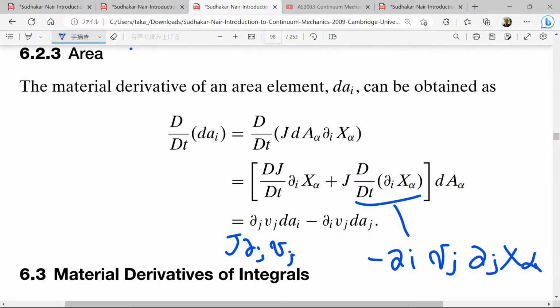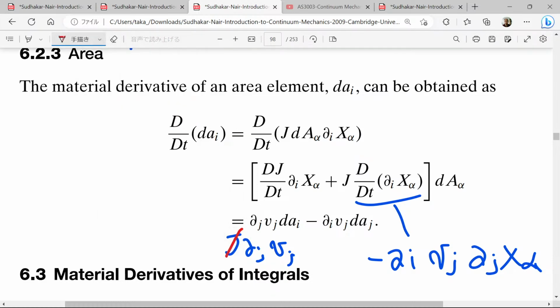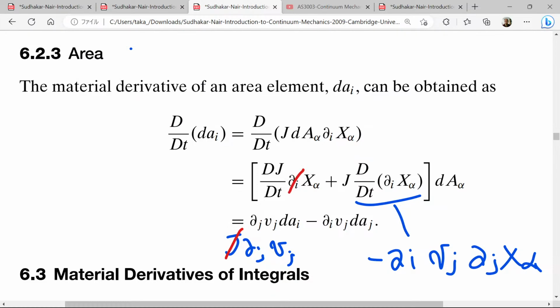So here I can do this, you have dA_i, partial_j X_alpha.